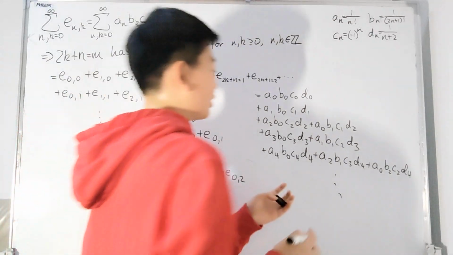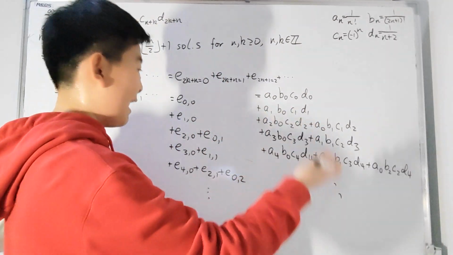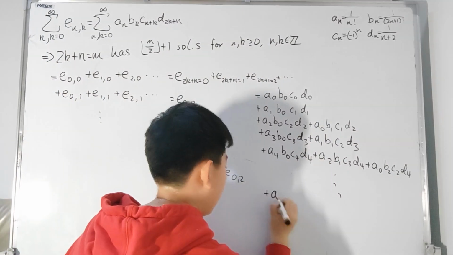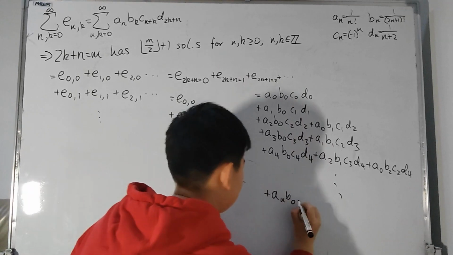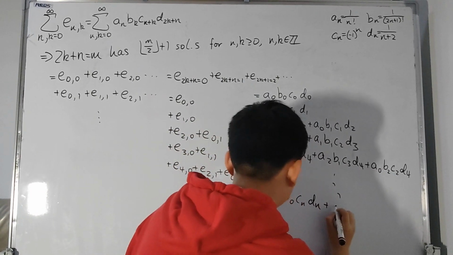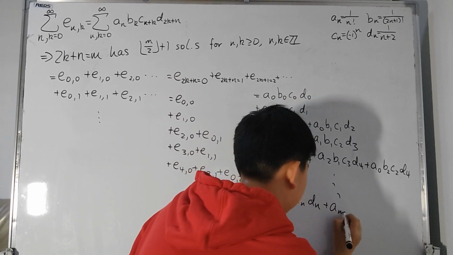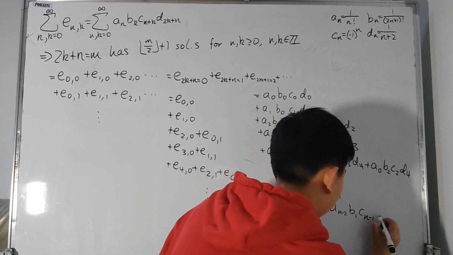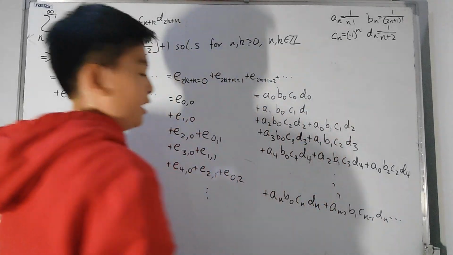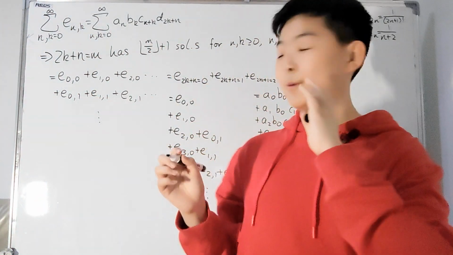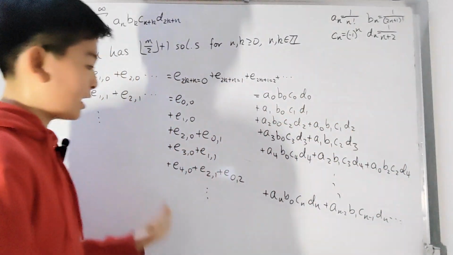So for example, if we go to the nth row, it would look like an, b0, cn, dn, plus a(n-2), b1, c(n-1), dn, and on for this many terms, which is certainly a bit to comprehend.